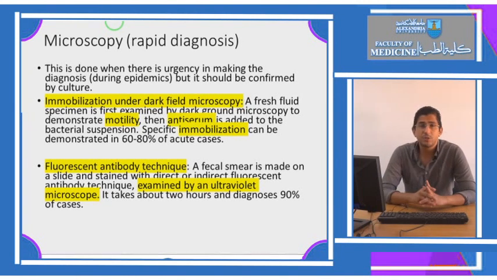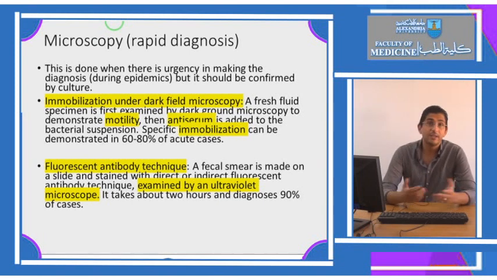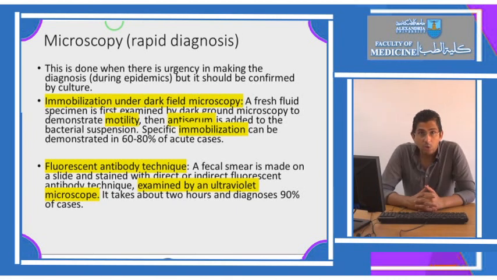Firstly, microscopy, which is the rapid diagnosis, used during epidemics as a rapid test, using dark field microscopy and immobilization under dark field microscopy. Actually, at the beginning of this talk, we told you that Vibrio cholerae has a characteristic motility, which is the darting movement.